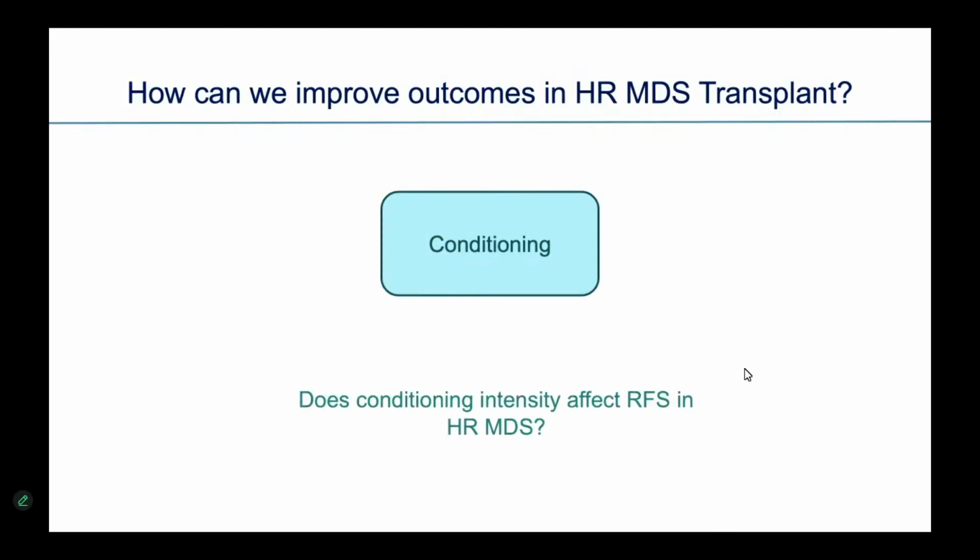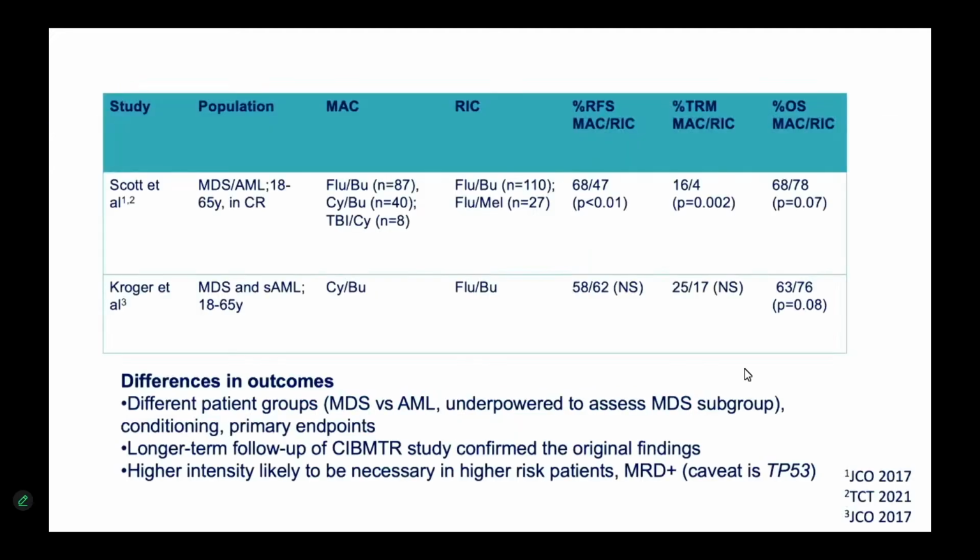What about conditioning, and how does conditioning intensity affect relapse-free survival in high-risk MDS? The two studies that have provided the most information on this topic are the US study led by Scott, the BMT CTN 0901 that I already mentioned, and the Kröger study, which looked at MAC versus RIC in a European multicenter study. The two studies were somewhat different.